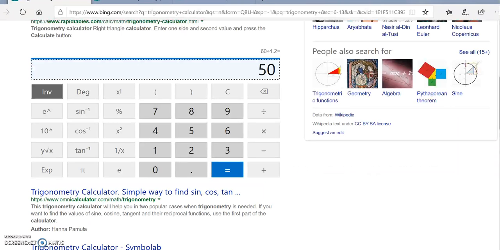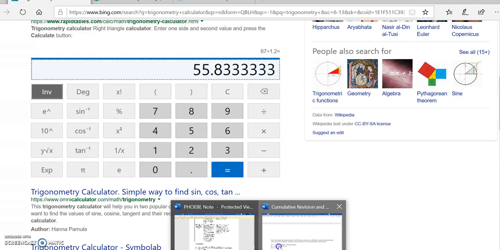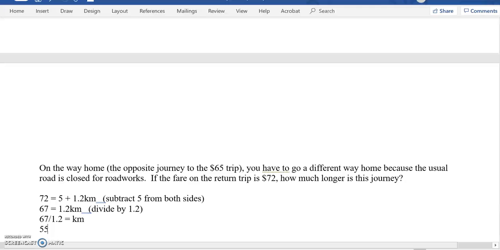And if we duck off to the calculator, 67 divided by 1.2 is going to equal 55.83 kilometres. 55.83 kilometres is the distance.